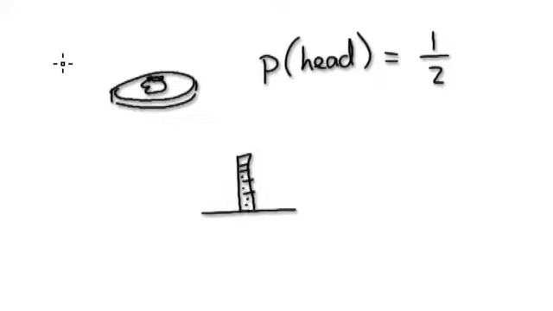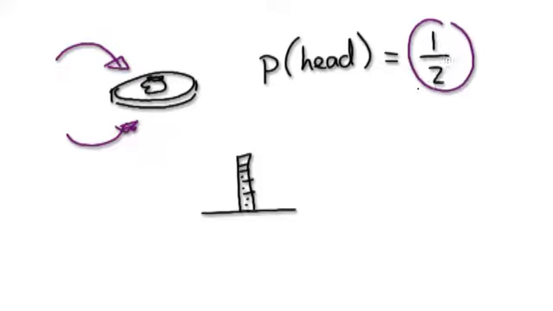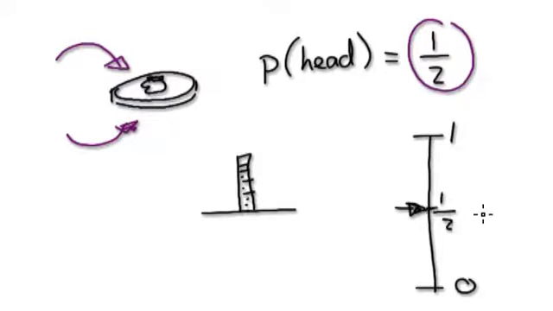Okay, let's just assume it's either heads here or tails down here. So the probability of you getting a head is a half. So if you draw the diagram here, 0, 1, the probability of you getting a head will be a half, or 0.5.